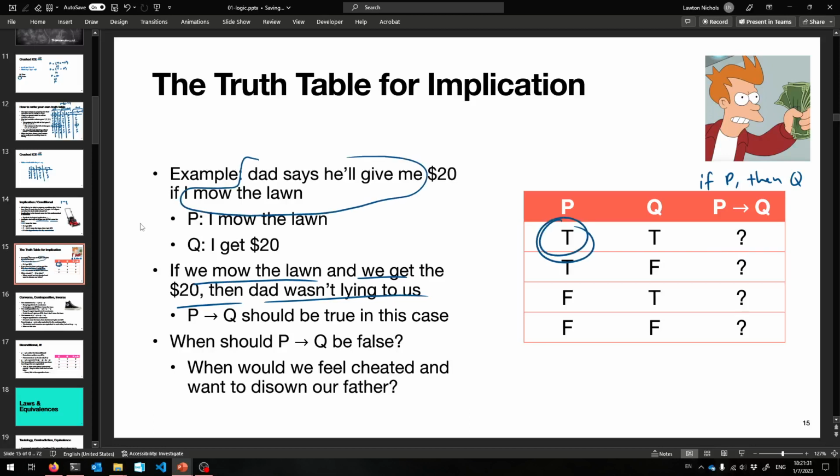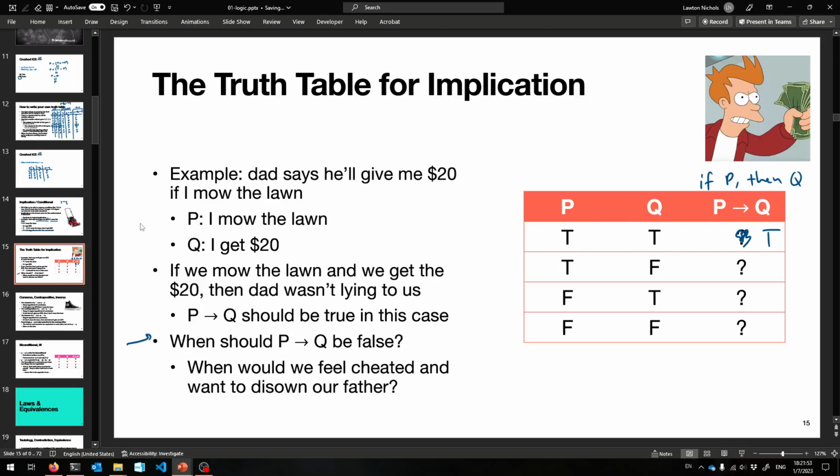So I did it. I mowed the lawn and I got the $20. So Dad was telling the truth. It all worked out. So it should be true in this case. The implication should be true if the hypothesis and the conclusion are both true, okay?